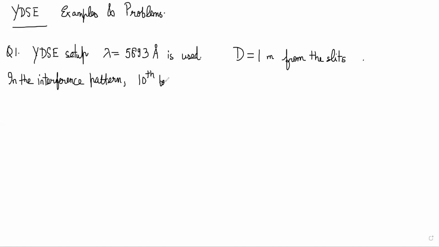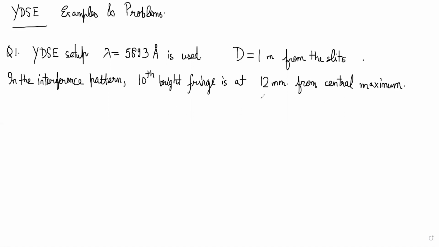Tenth bright fringe is at 12 mm from central maximum. Find small d, basically slit separation.